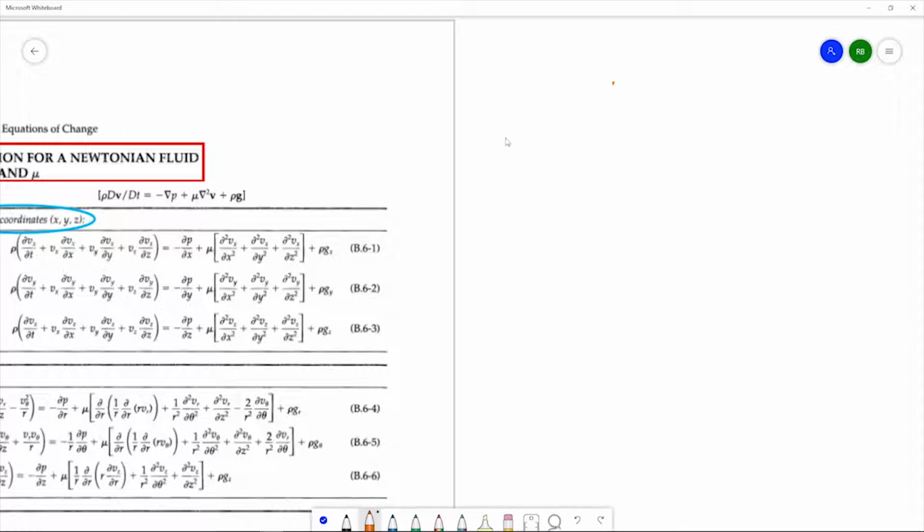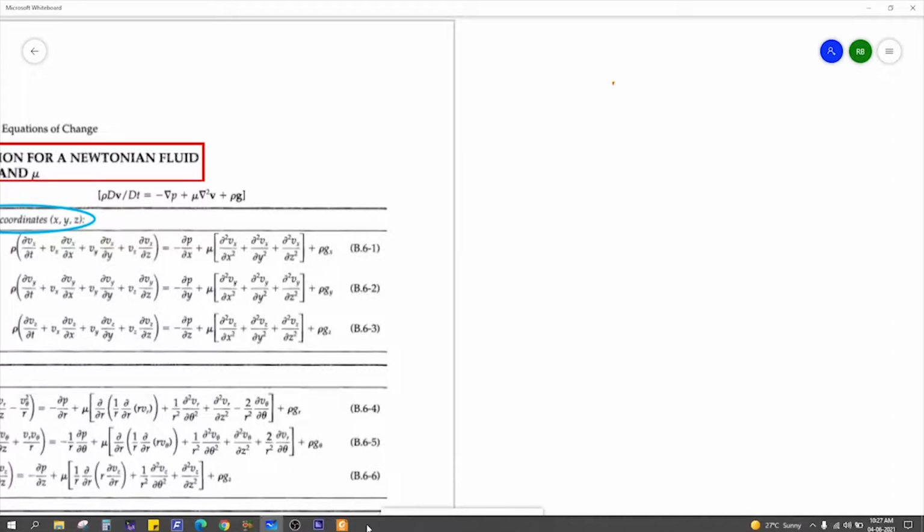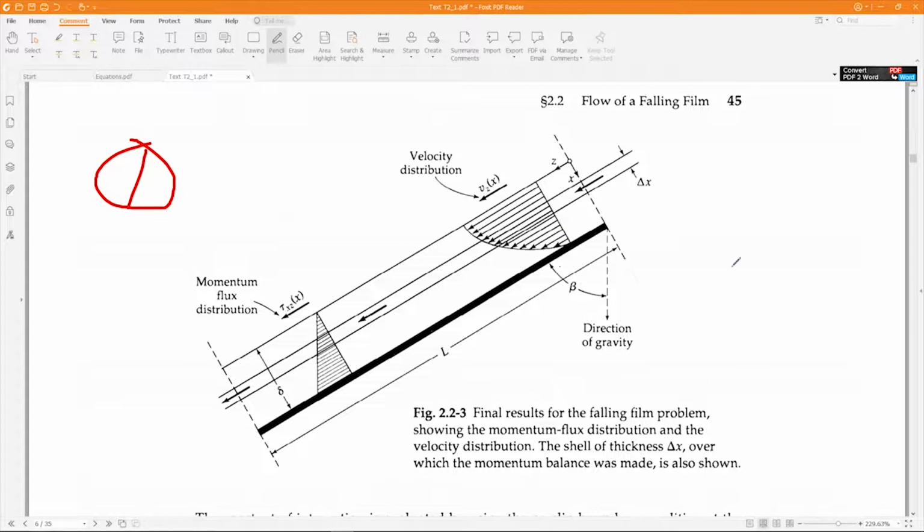So let's say we are doing the falling film problem. Here, set the coordinates. Definitely you can set the coordinates like this, but this is inclined, so it will be easy if you choose this coordinate system. In this problem we choose the z direction. This was x.